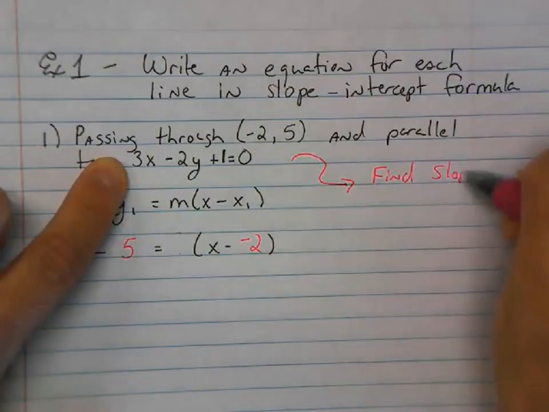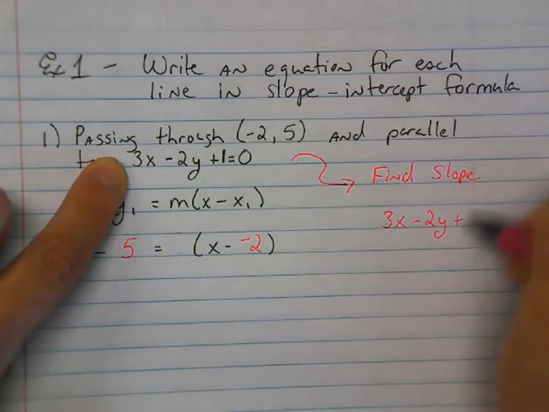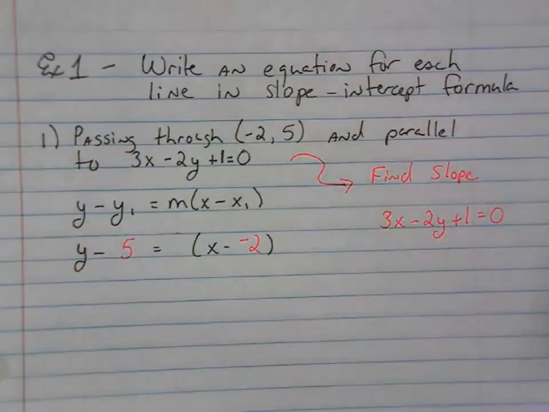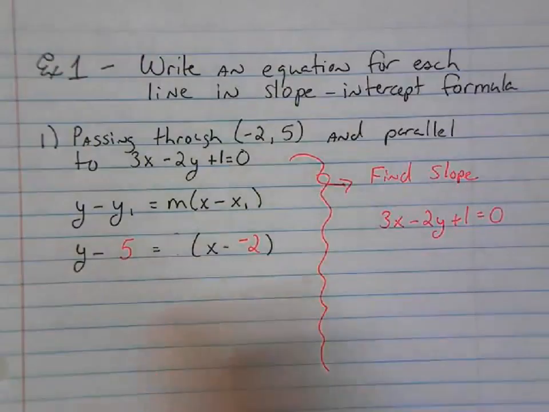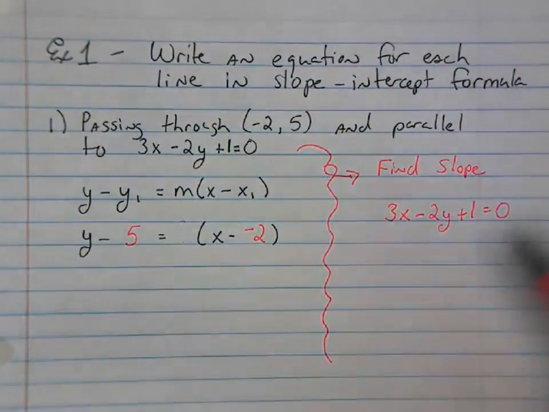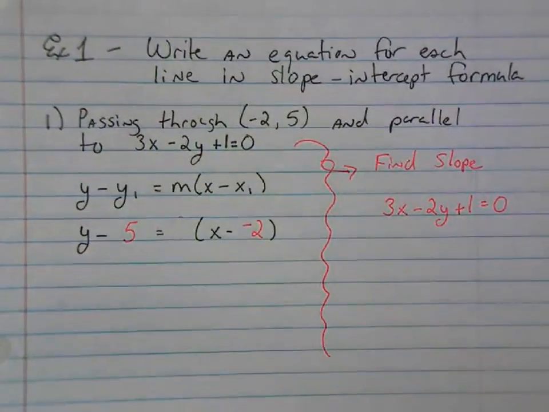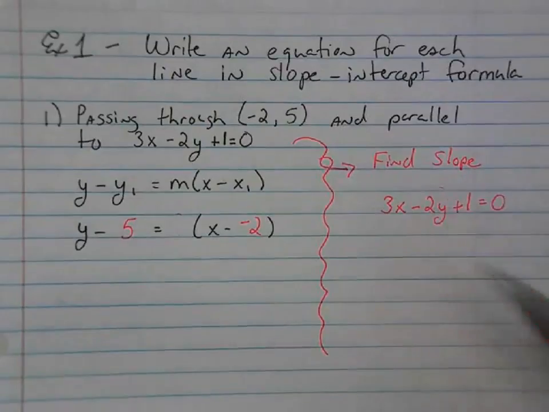So I have 3x - 2y + 1 = 0. Okay, and I'm going to just do a little squiggle down my page so you know I'm really working two different problems here that will come back into one. So if I could get y by itself, I can find its slope. So let's go ahead and do some manipulating.